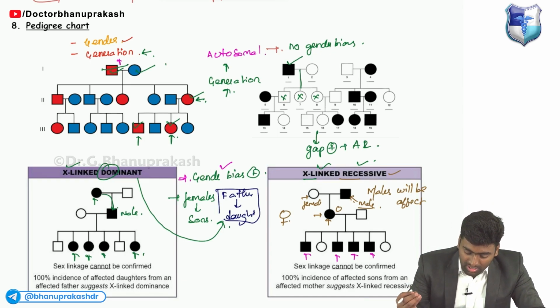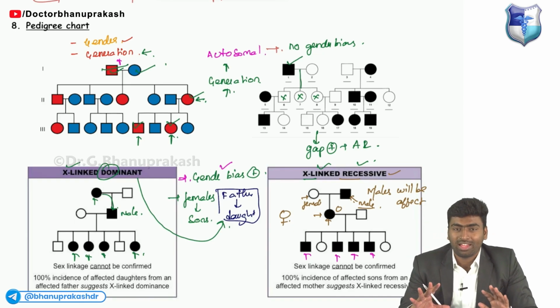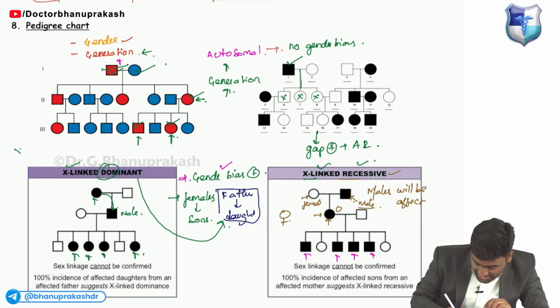Why, in X-linked dominant, is the daughter not affected by the mother? See, in X-linked conditions there is homozygosity and heterozygosity. To express something, it should be homozygous in nature, whereas a female is XX and a male has only XY.